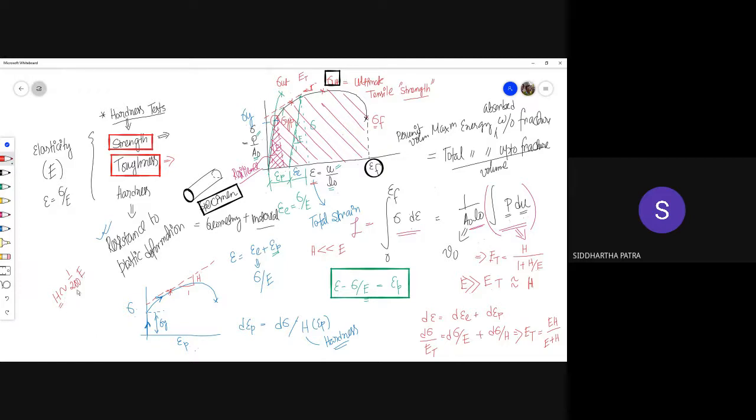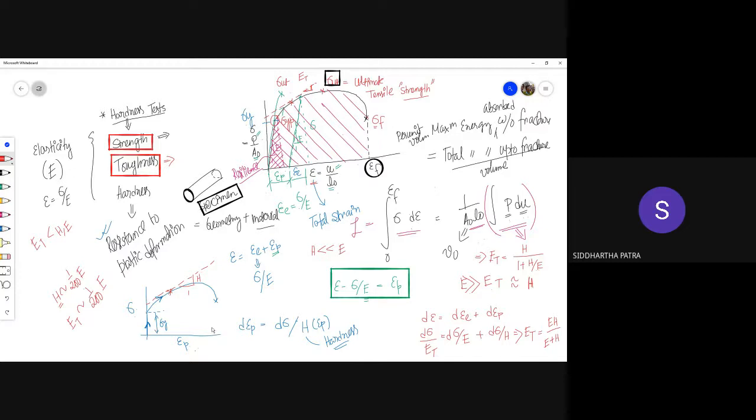Let's say the average value is around this. So Et would also be around 1 by 200 of E. And actually, Et would be smaller than both of these quantities.